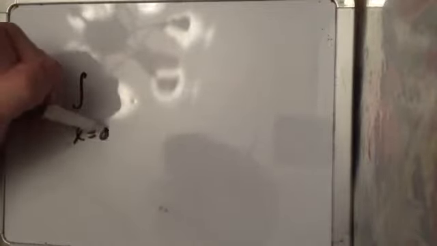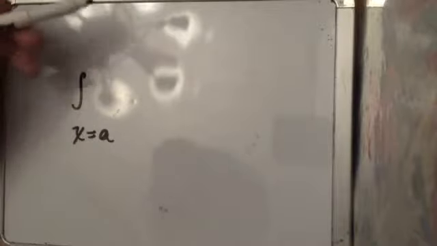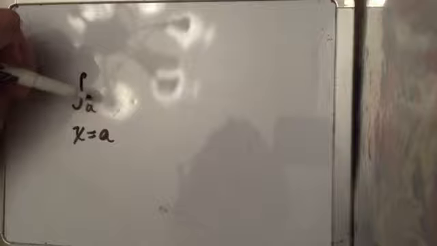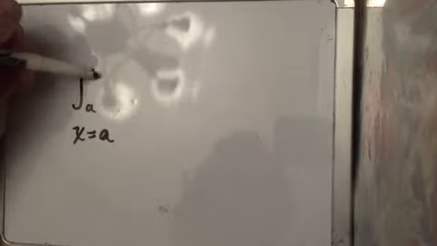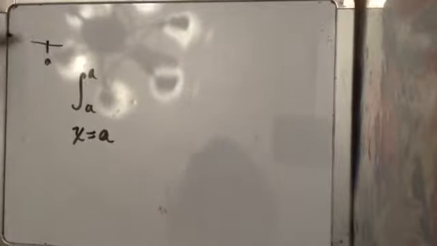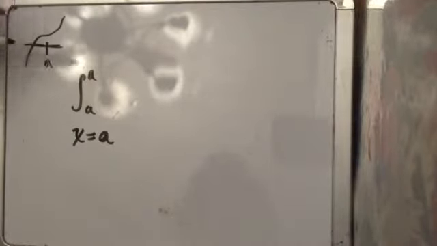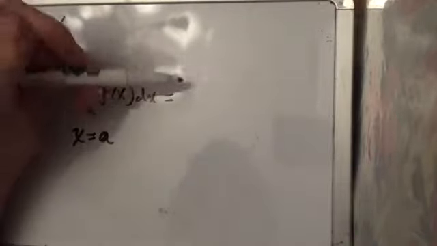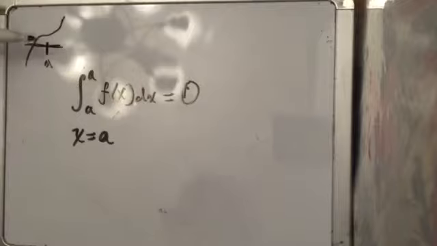So if x equals a, or if the function is defined at x equals a, from a to a, so at the same spot on a function, no matter what function it is, the integral is just going to be 0, because there's no area under the curve at just being at a.